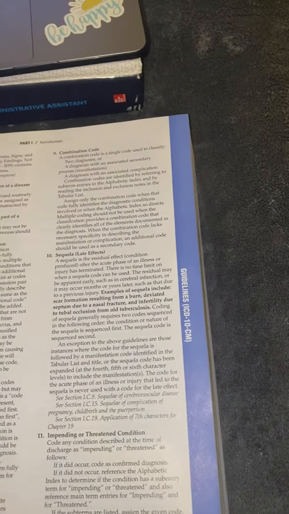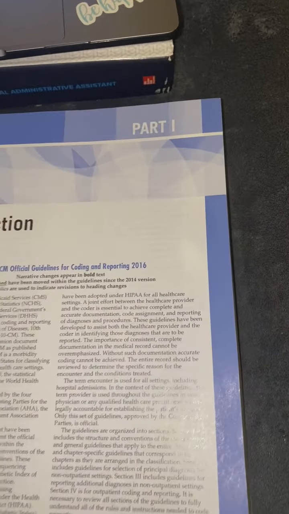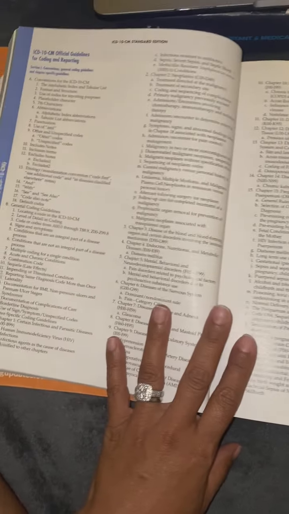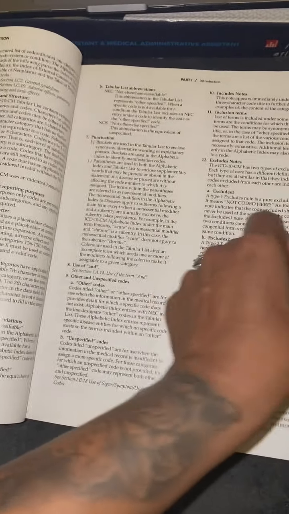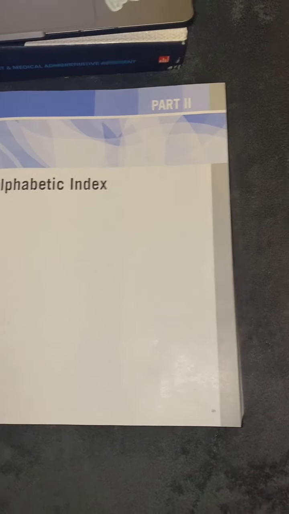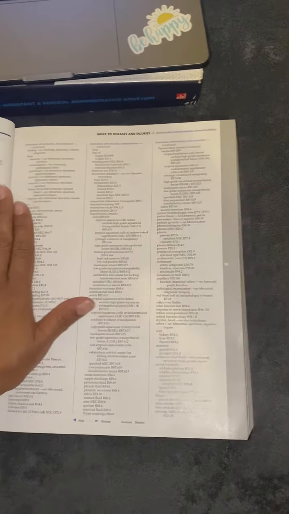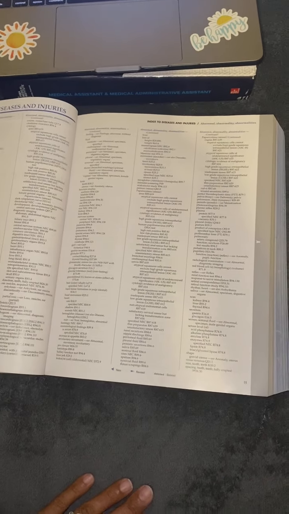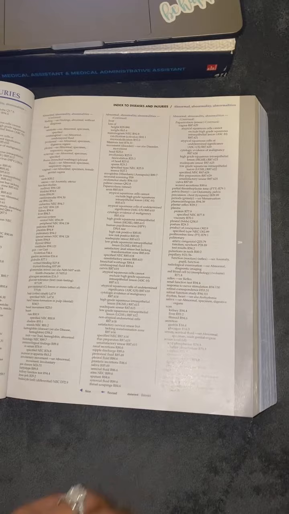Let me go to the next one here. The next one is just an introduction to the book, basically breaking it down by sections and the chapters. And then we get into the alphabetic index, and this is how we find a code. So earlier you heard me mention hypertension. Let's say that I needed to find the code for hypertension.